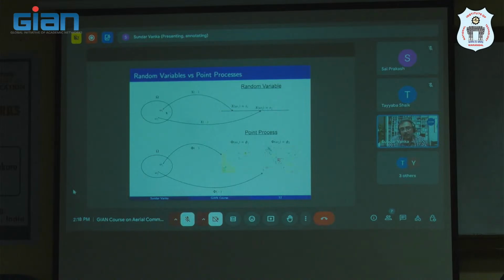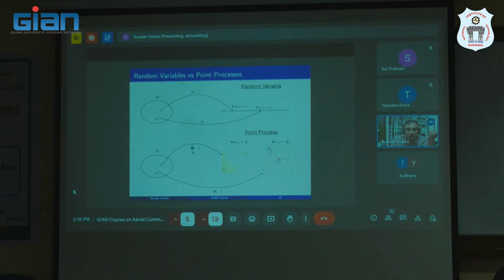Every time you have a particular realization, let's say X1 is equal to 0.12, it means it is due to some omega 1 that resulted in the random variable taking a value 0.12. This omega 1 you can think of as chosen by nature. It's not in our control. In the same way, if you take a point process, just like you have a random variable X, here we're calling it a point process, which is phi.